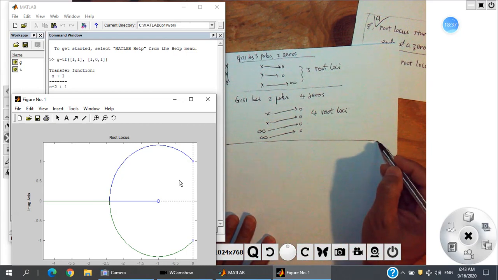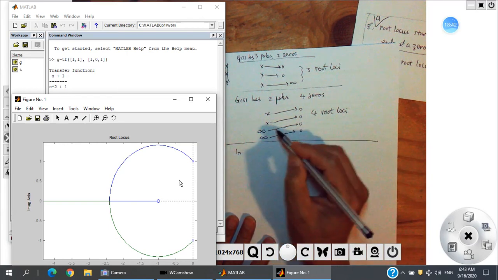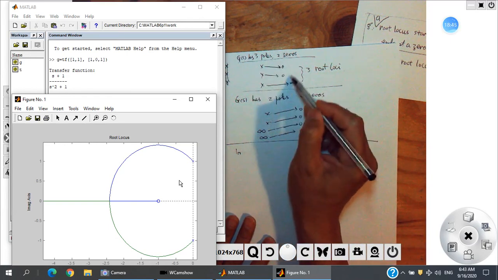But in MATLAB, they have a requirement. They do not use this way.